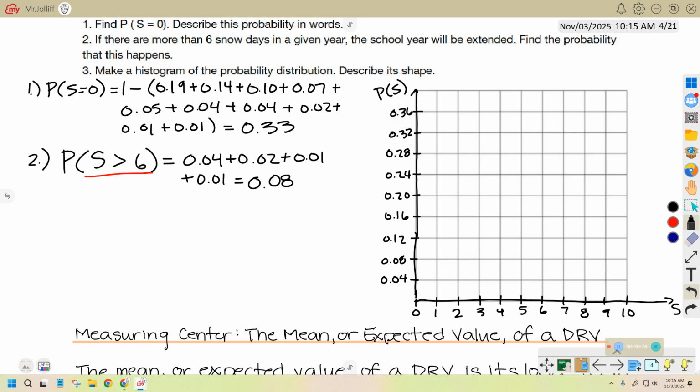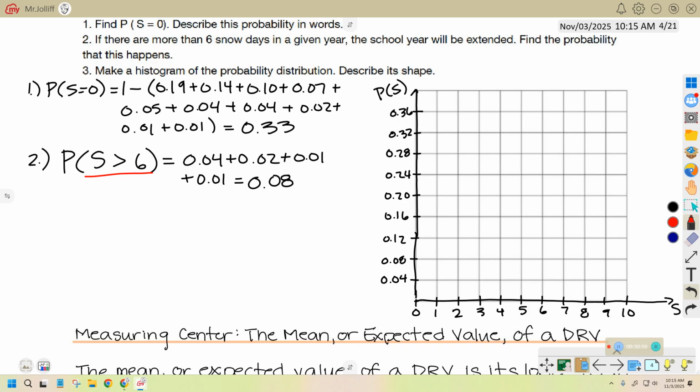And we're going to draw our bars. That's not so bad. So our first bar for no snow days, we decided was 33%, probability of 0.33, which is right up here.